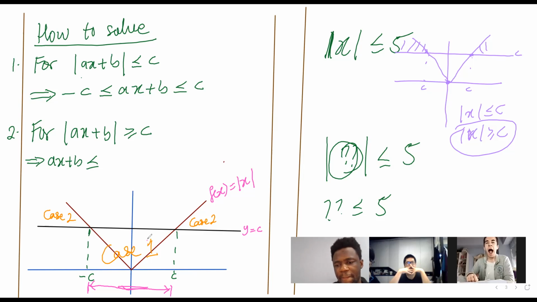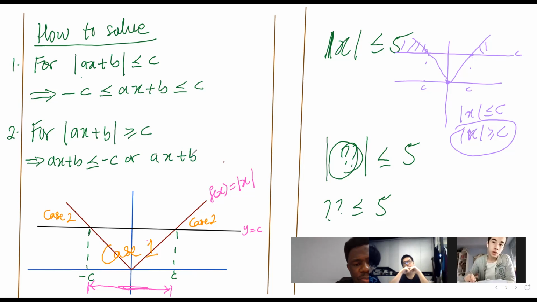Does this make sense? Makes it easier? All right. Let's write this properly. So for case 2 now, it means this function is less than or equal to negative C, or the function is greater than or equal to C. So the picture will really come in handy.